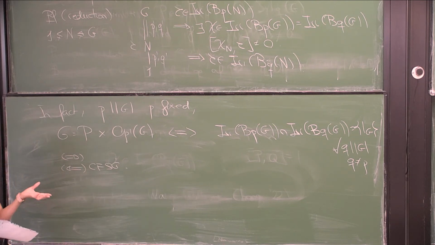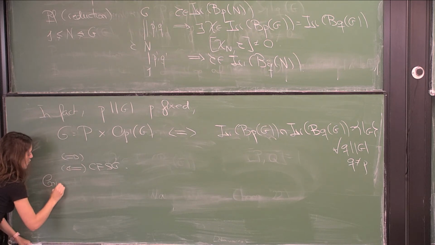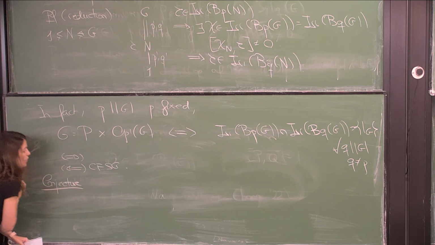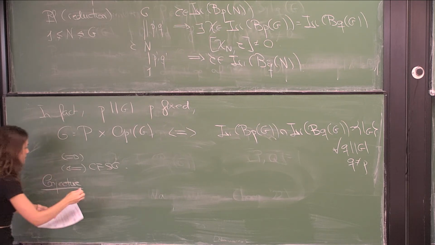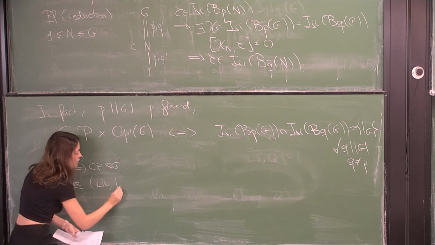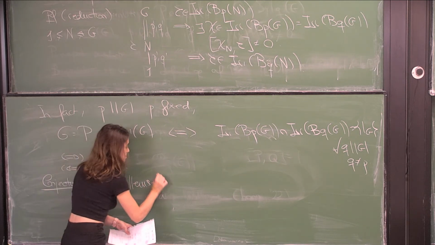But a natural question is what happens if we consider just two primes and we have trivial intersection between the principal P block and the principal Q block? Can we still say something on the PQ structure of the group? And this is what these authors conjecture. These are Liu, Willems, and others.